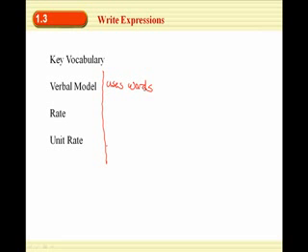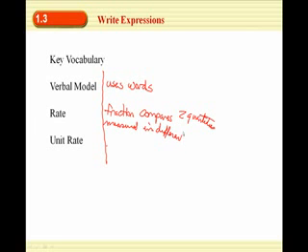Then over at the top of page 17 is a rate, and a rate is a fraction that compares two quantities measured in different units.